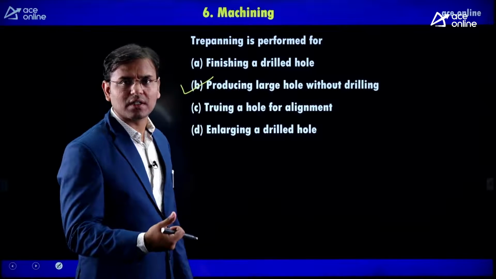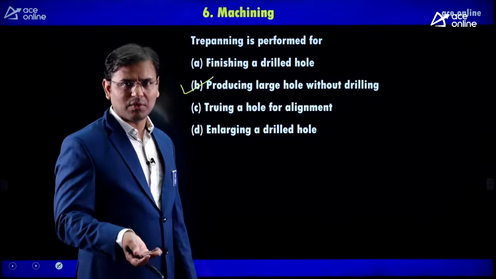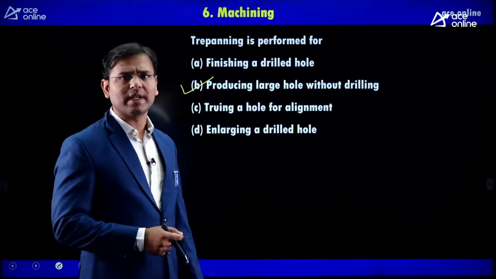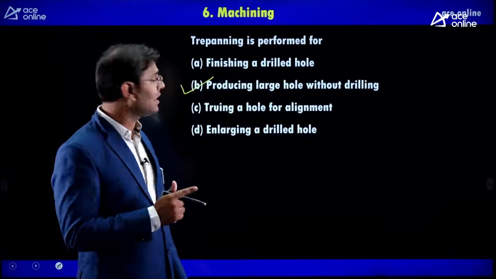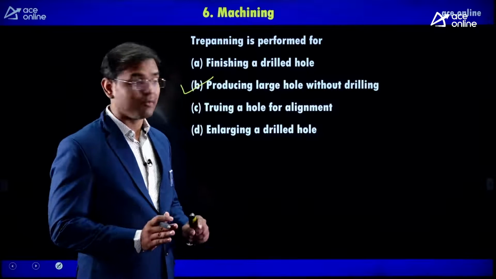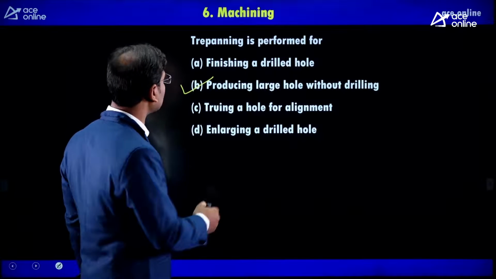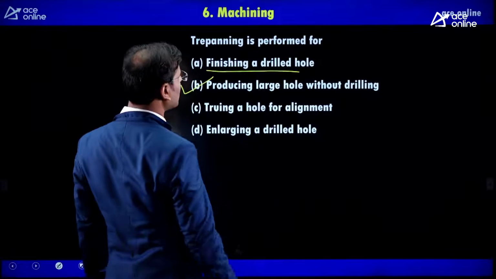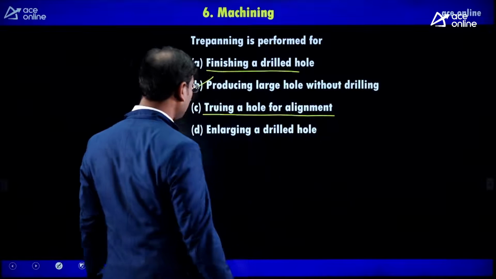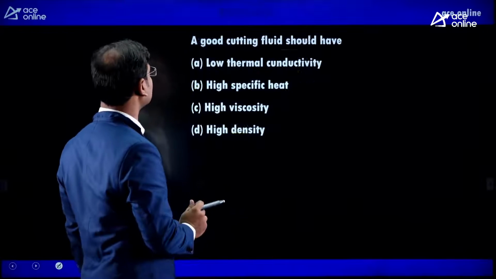If you don't know how the trepanner tool works, you can check on Google. That tool is specially used for producing a large hole without drilling, and that very famous method is trepanning. It is not used for finishing a drilled hole, it is not a reaming method, it is not truing a hole for alignment, and it is not enlarging a drilled hole. Only option B is correct.